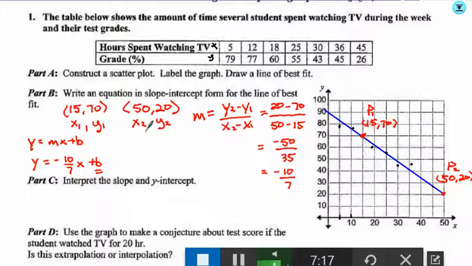So I'm going to take the y in this point and replace y with 20. I'm going to take the x in this point and replace it in this equation right here.